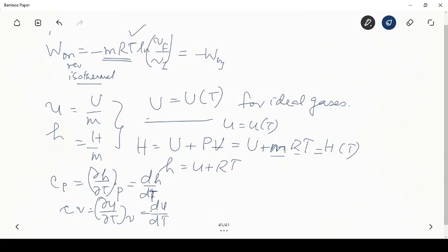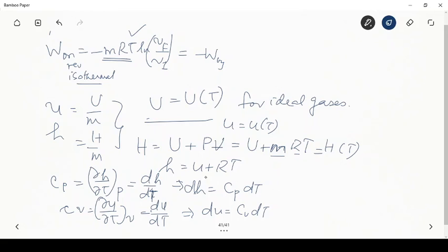Okay, so we can actually write this expression as dH is equal to Cp dT. Okay, and similarly here you can write dU is equal to Cv dT, where since H and U are functions only of temperature, the Cp and Cv are also functions only of temperature.